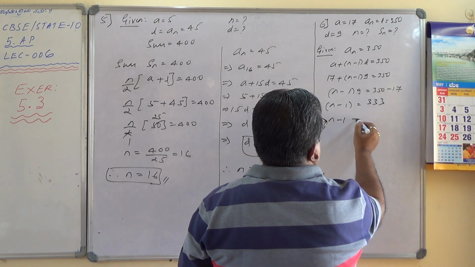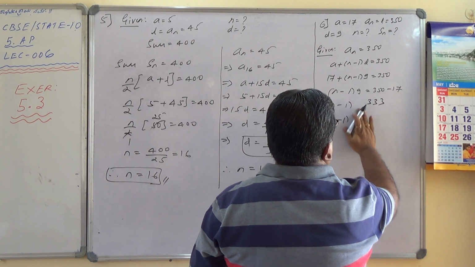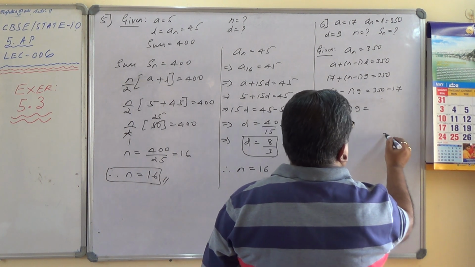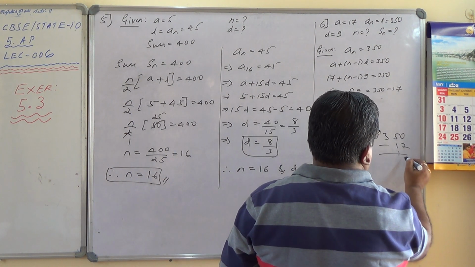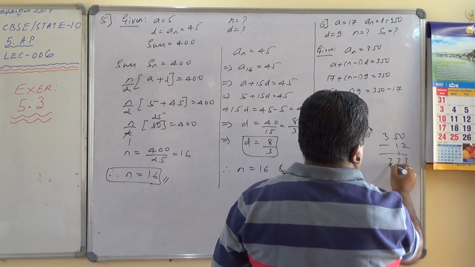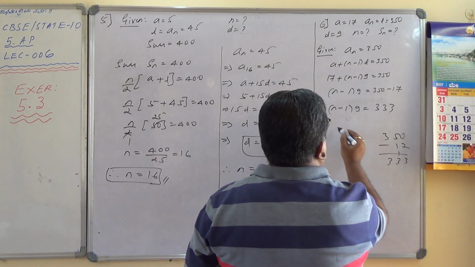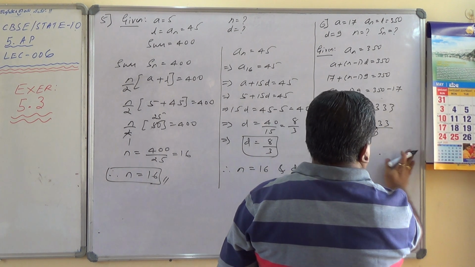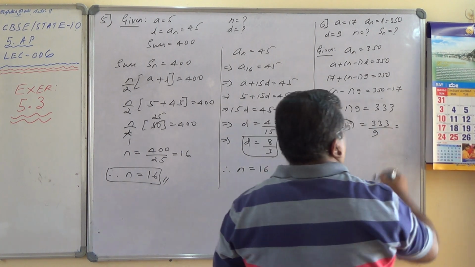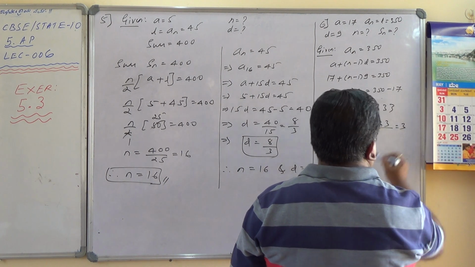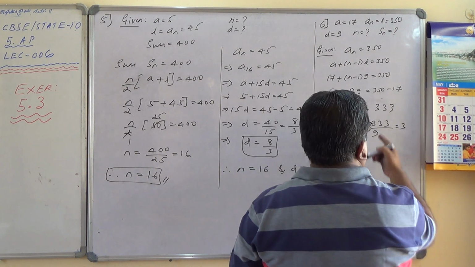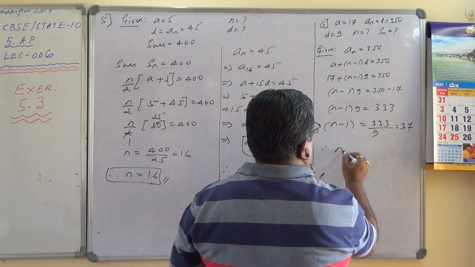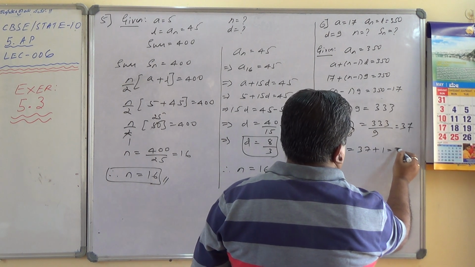Just a moment, n minus 1 into 9 equals 350 minus 17, 333, and n minus 1 equals 333 divided by 9, which equals 37, therefore n equals 37 plus 1, which is 38.